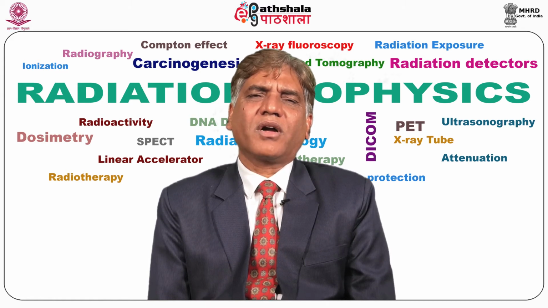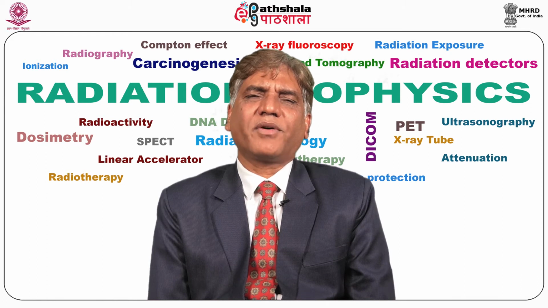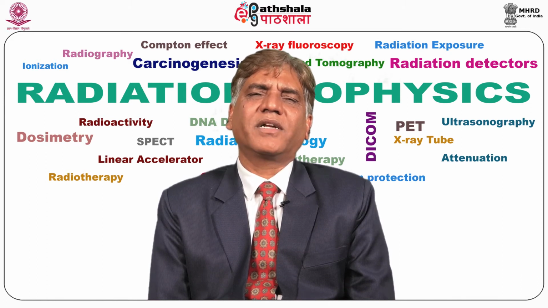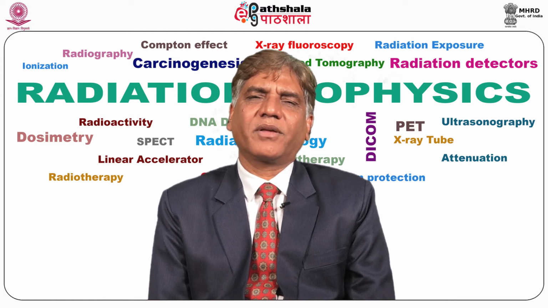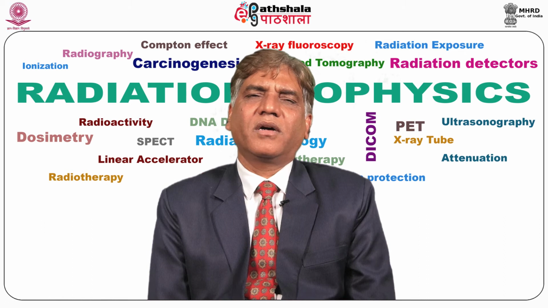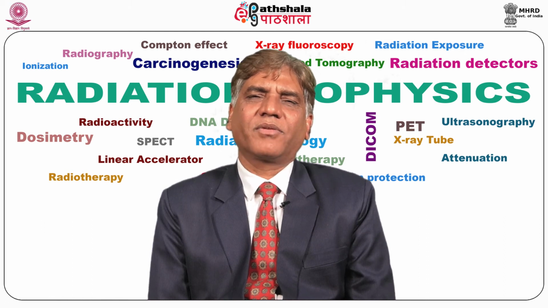And now coming to another type of radiography called digital radiography. Digital radiography uses a class of detectors in which digitization of the X-ray signal takes place on the detector itself. So this is a part of the digital detector system, receptors.